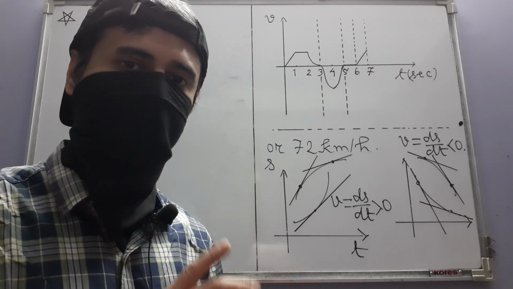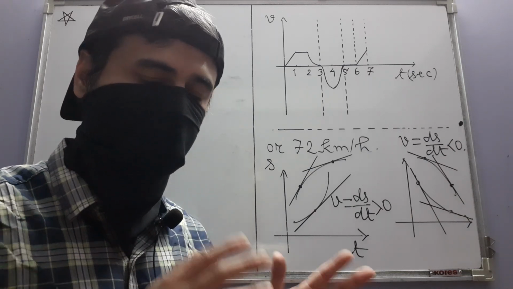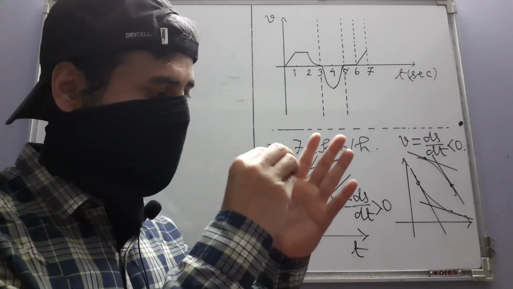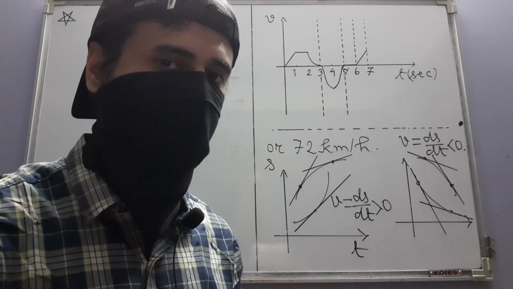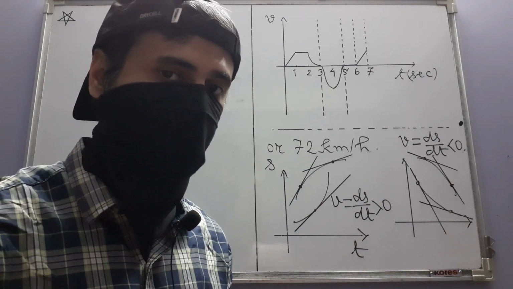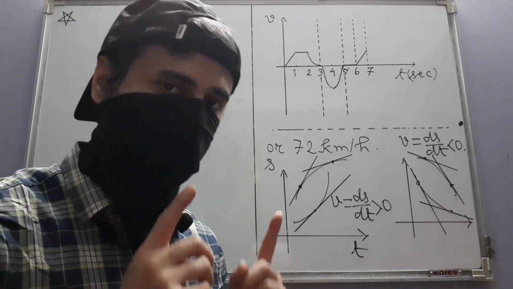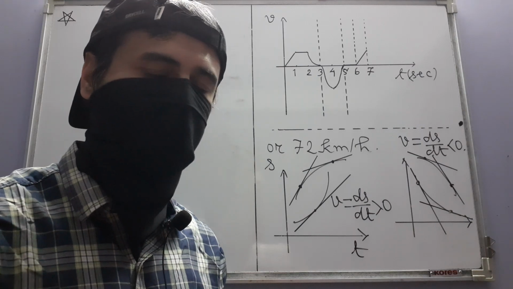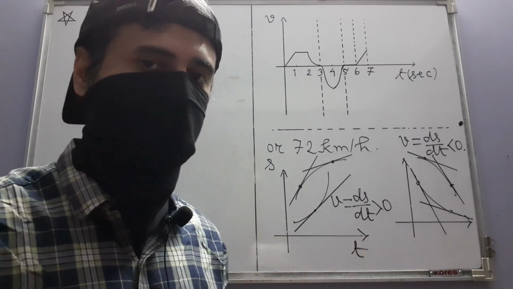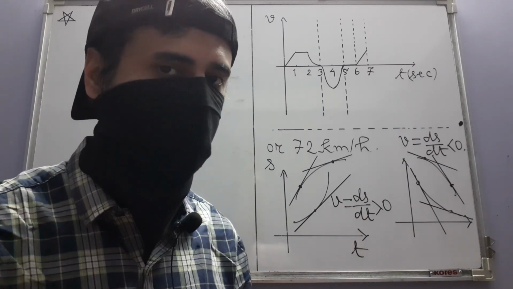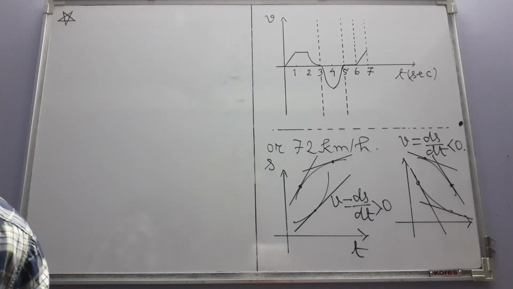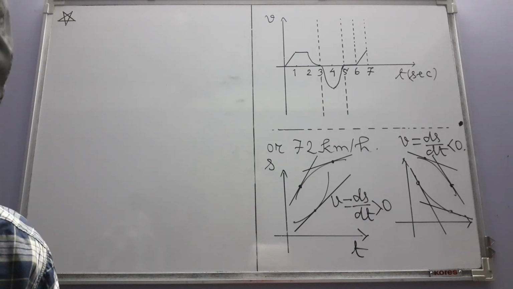But the speedometer doesn't show minus. The speedometer only shows the numerical value of your velocity, or its absolute value, and that is speed. That is why this device is called a speedometer, not a velocity meter. So that's how we come to the notion of speed.